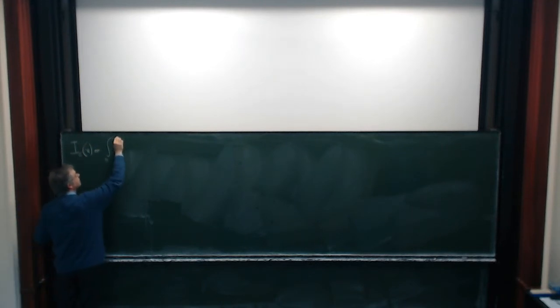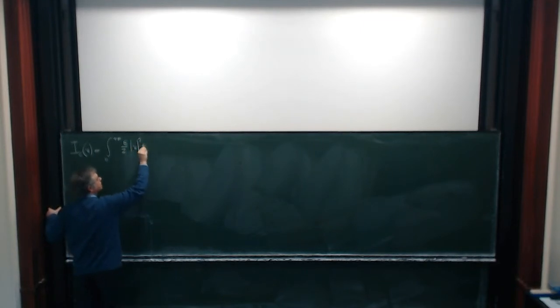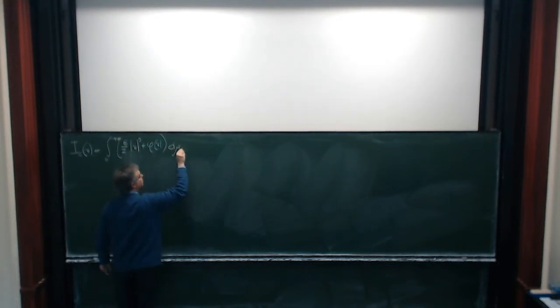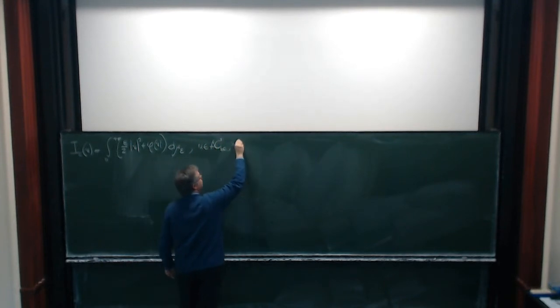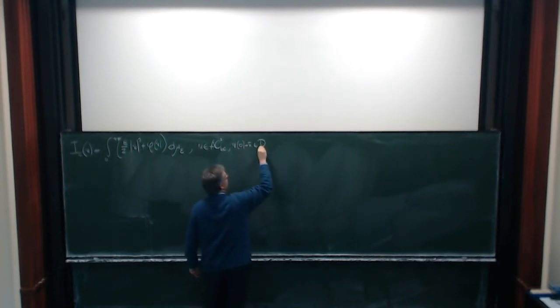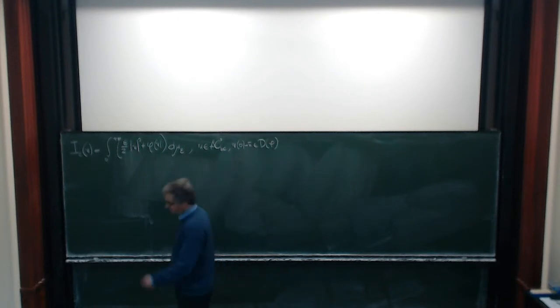So we are studying the minimum of this functional I epsilon of u, which is defined as the integral of epsilon over 2 u dot square plus phi of u with respect to the weighted measure mu epsilon, with u in AC to log, u of 0 equal to u bar given in the domain, just to fix ideas, of phi.